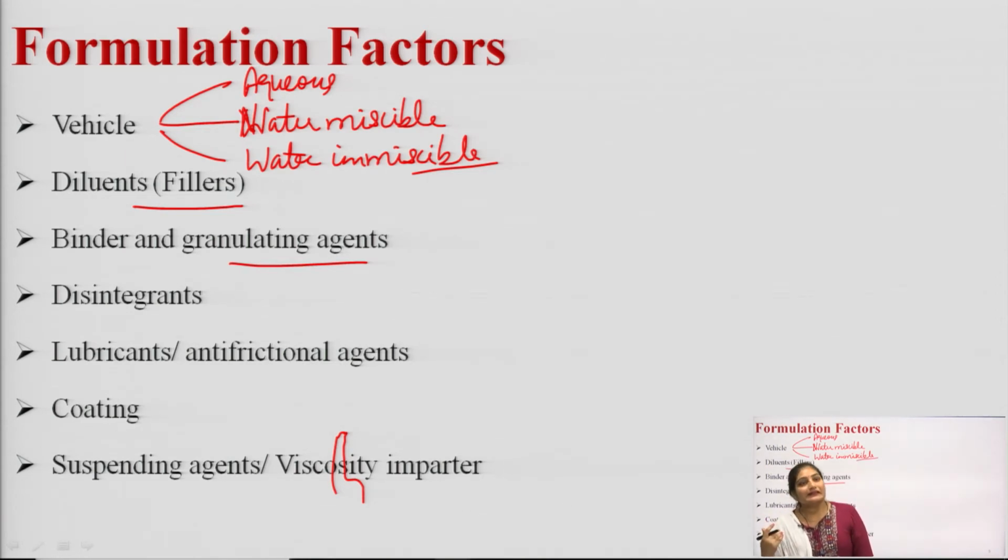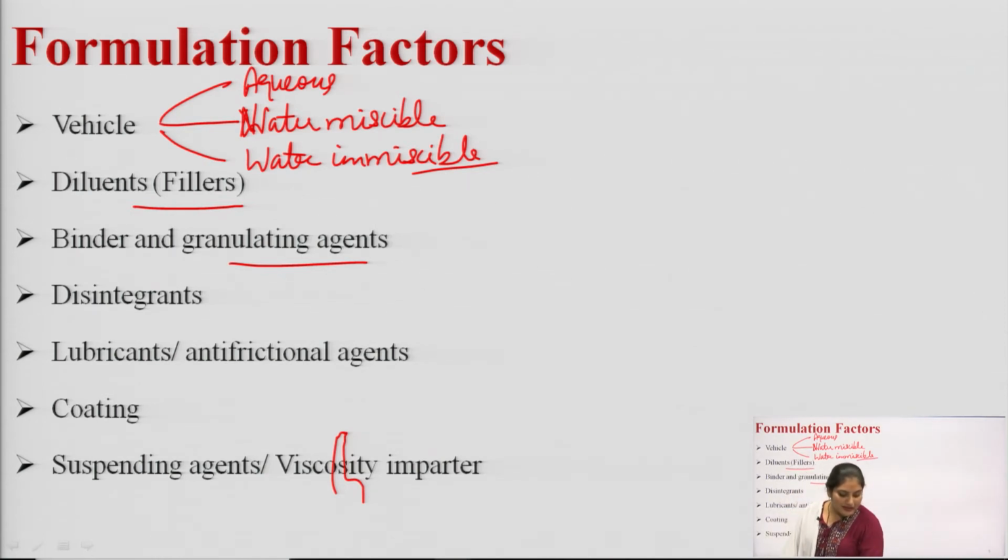Next is the suspending agent or the viscosity imparters. As the name indicates, suspending agents or viscosity imparters are the agents which provide viscosity or are used to suspend the drug particles in the medium.